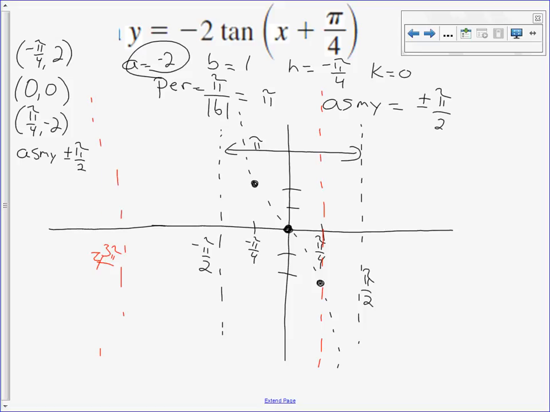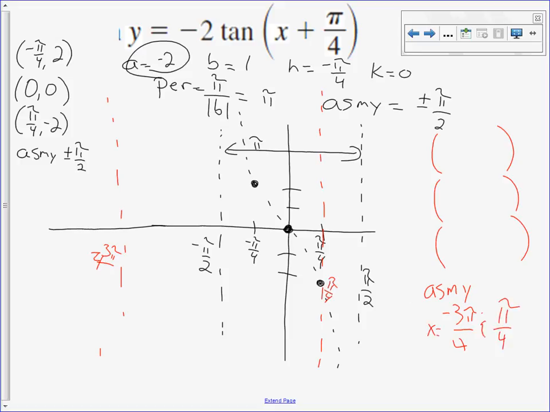So our other asymptote now is at pi over 4. My new asymptotes, I just wrote them down because we just graphed them.